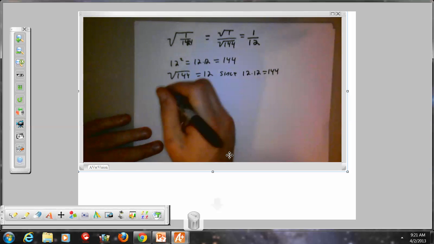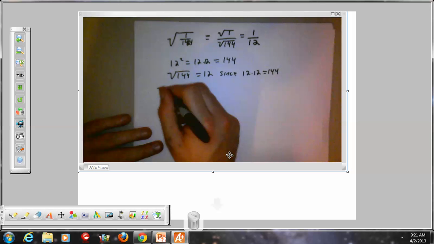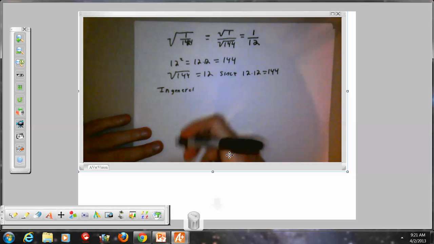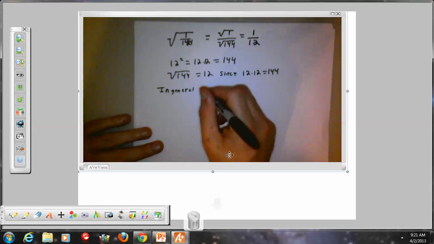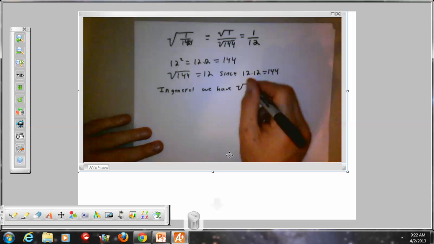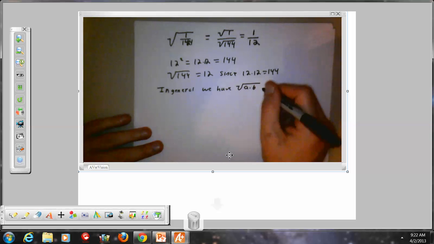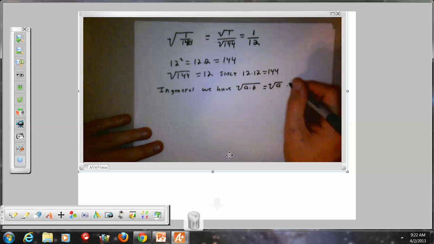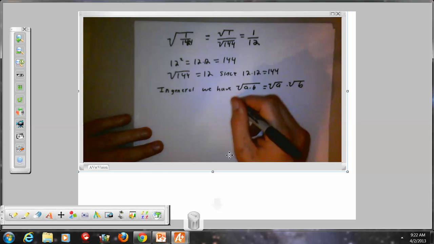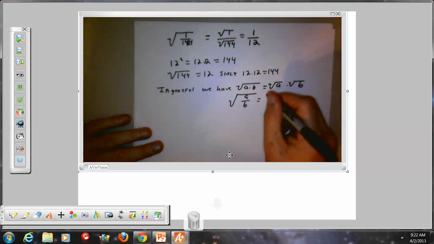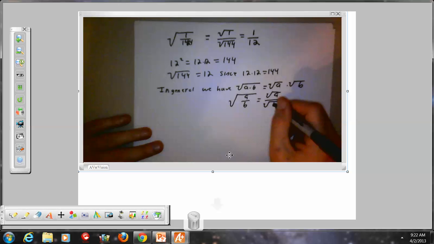Okay? In general, we have the square root of a times b is equal to the square root of a times the square root of b, and the square root of a divided by b is equal to the square root of a divided by the square root of b.